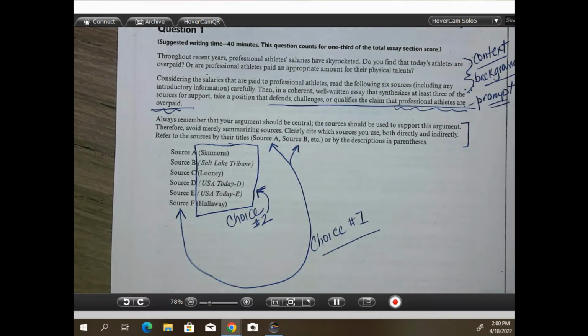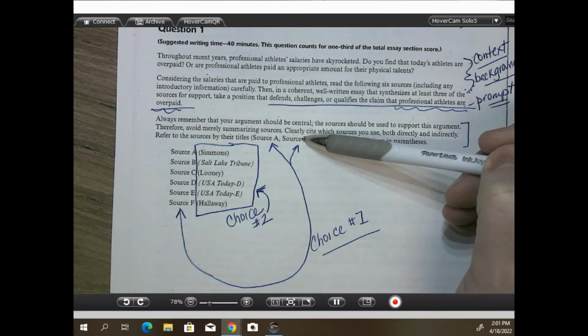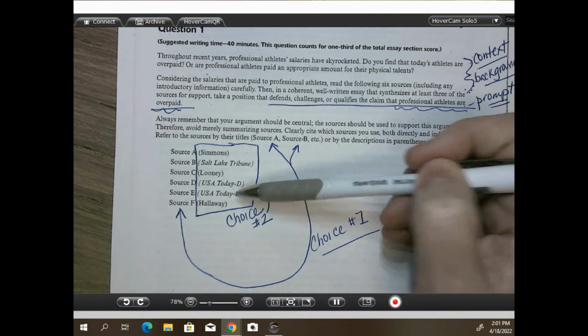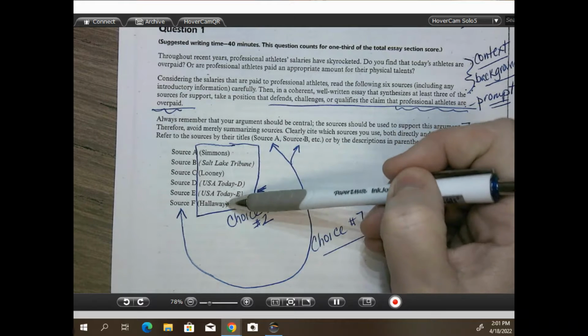Does it matter whether you choose choice one or choice two? Yes or no? Does it matter? No, it 100% does not matter. You can use either. But guess what you can't do? You cannot mix and match. So you cannot use source B, USA Today E, source A, Holloway.